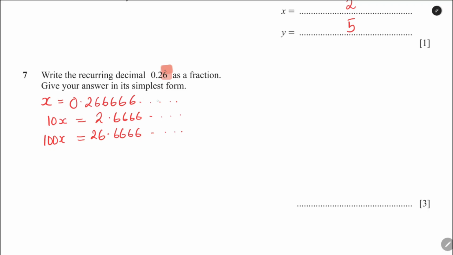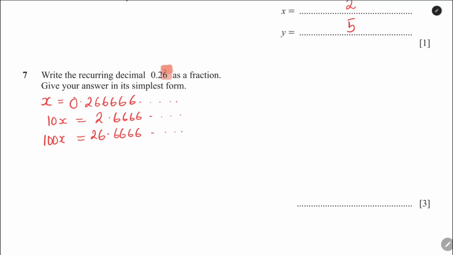When I multiplied the original number by 10, my decimal portion became 666666 and so on. So that is why I now multiplied by 100, and that will also give a decimal portion of 6666. When I subtract these two numbers, the decimal part goes off and so I'm left with a fraction.